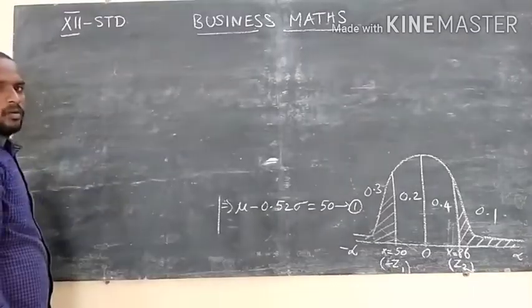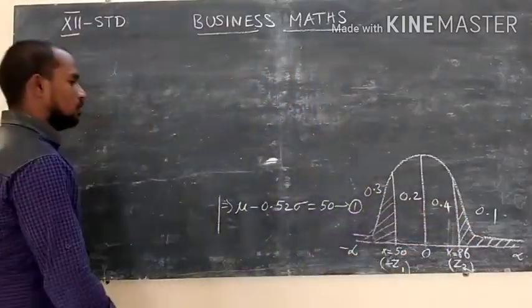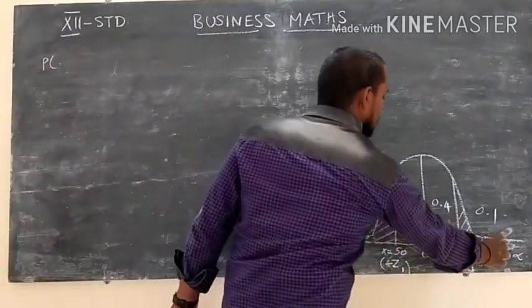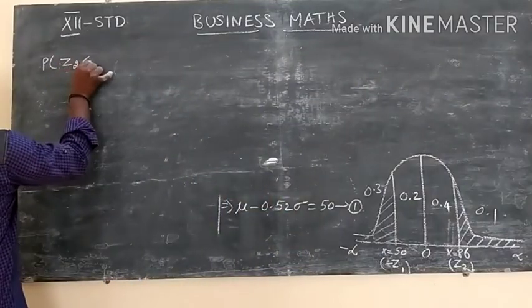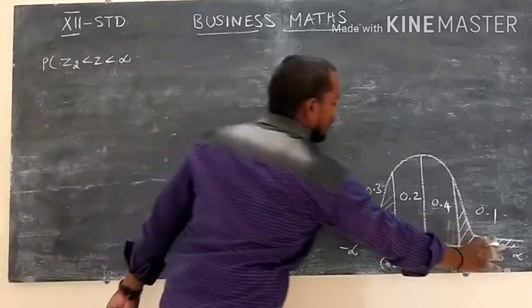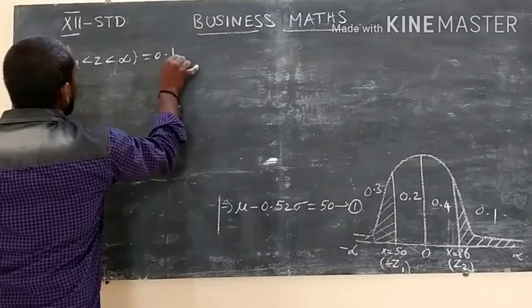Dear students, now consider the right hand side of the 0. P of this interval, the answer is Z2. P of Z2 less than Z less than infinity is 0.1.